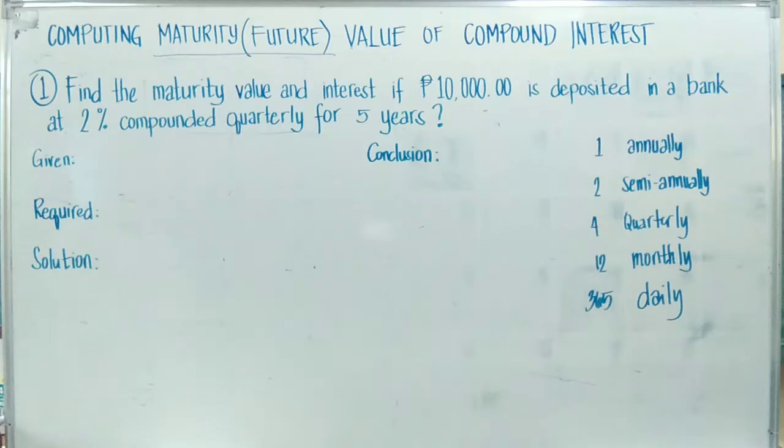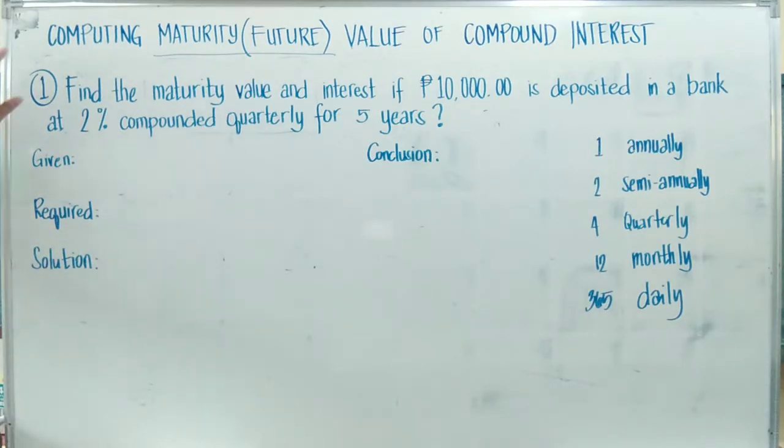For our first problem, we have here on the board: find the maturity value and interest if 10,000 pesos is deposited in a bank at 2% compounded quarterly for 5 years. So again, we will follow the steps in solving your problems.